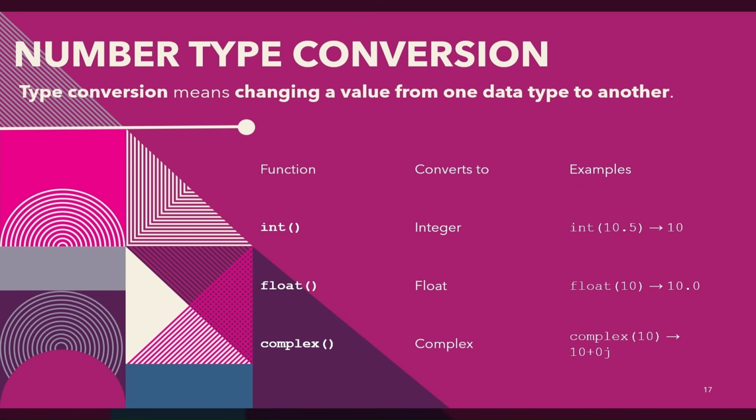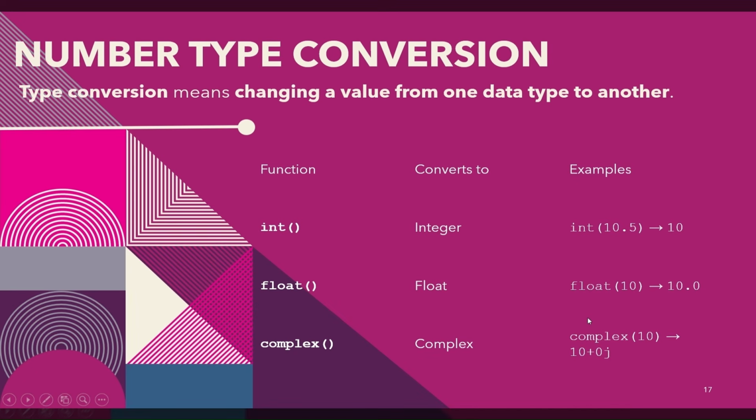Now we can convert one value from another or one data type to another data type using type conversion in Python. Integer function written as int with round brackets is used to convert any data type into integer value. Example for this is if we write int of 10.5, it is automatically converted into 10, which is an integer value.